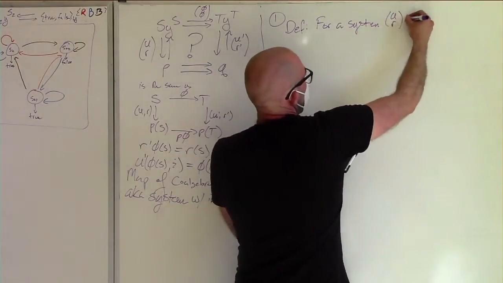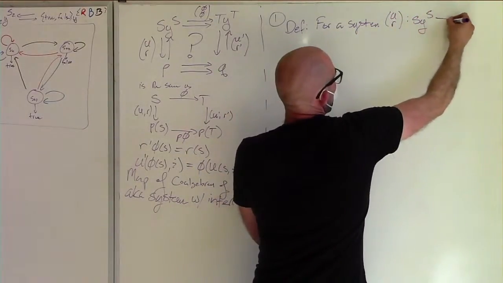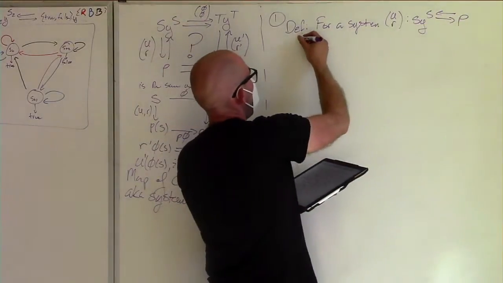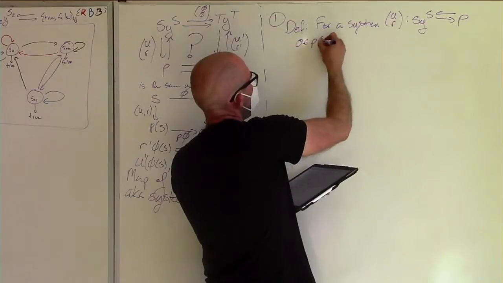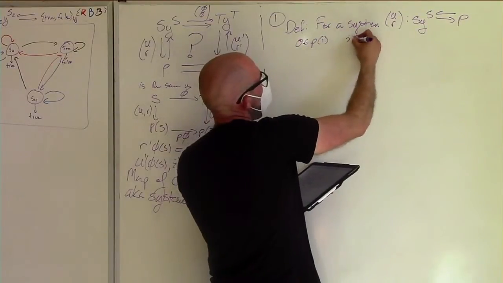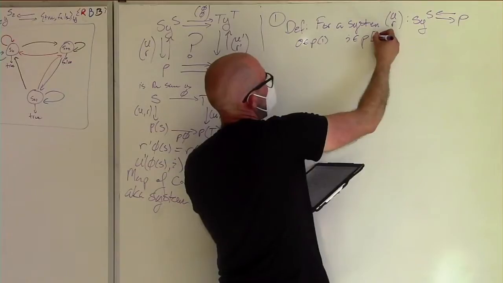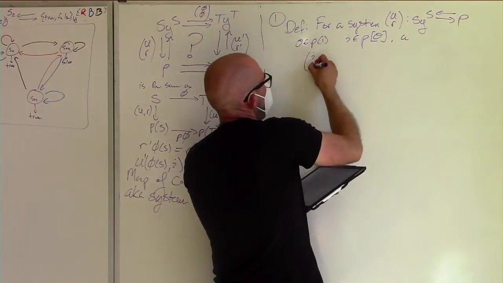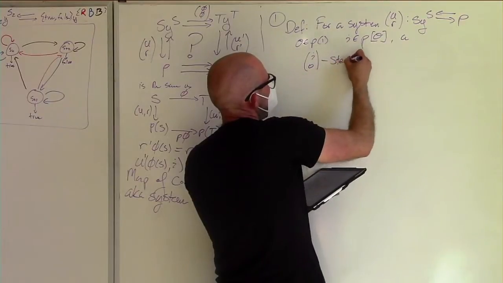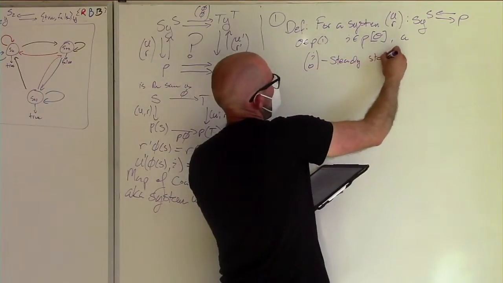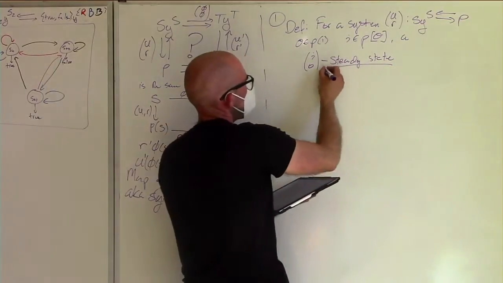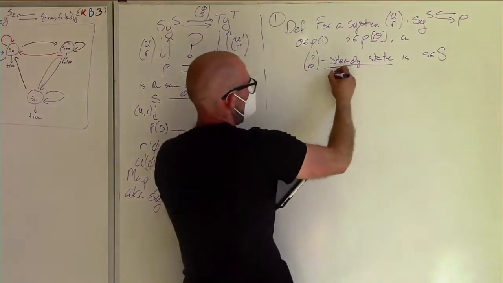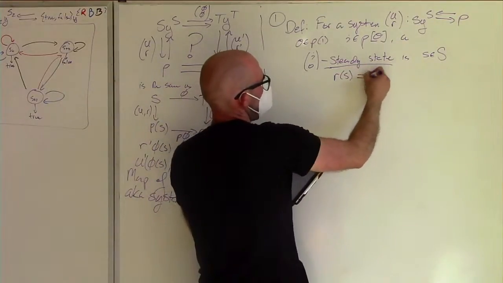So my definition, for a system S, this is a system with interface P, and a given output O in P1, and a given input I which is valid for O, so that sits over O in P. An IO steady state, this is the thing I'm defining, is an S in S satisfying this: r of S is O, so S is a state.